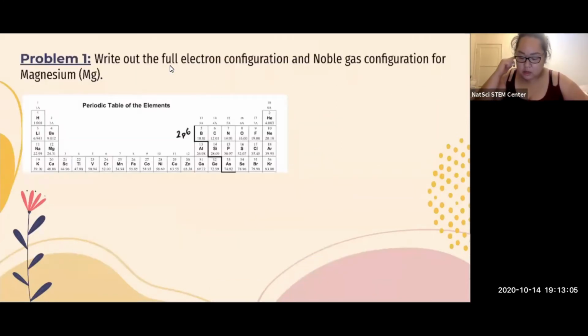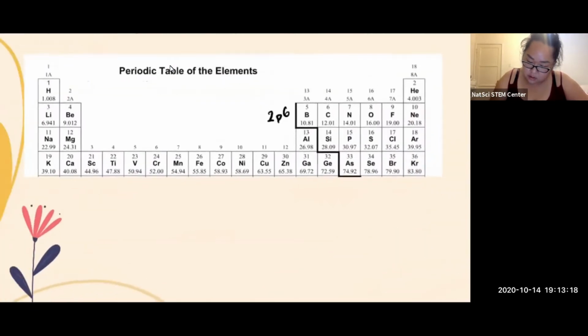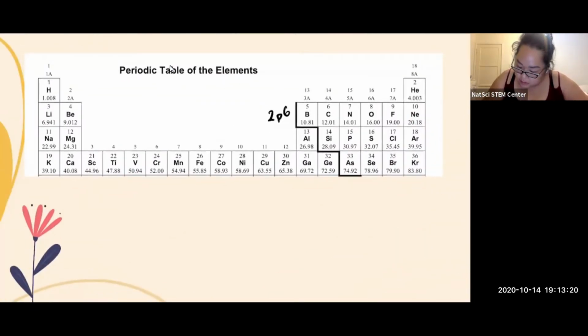So I want you guys to do this. We can do this one together, and then you guys can do the next one on your own. We're looking at magnesium. Let me highlight it. Where's magnesium?